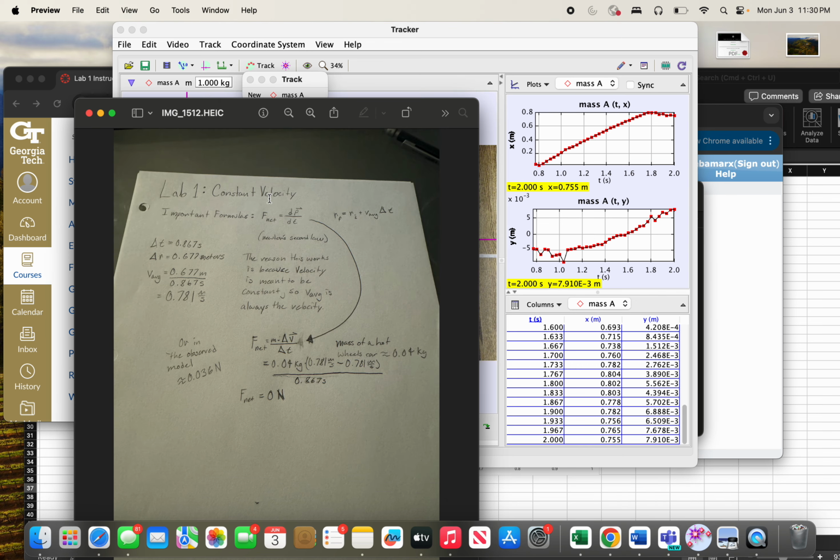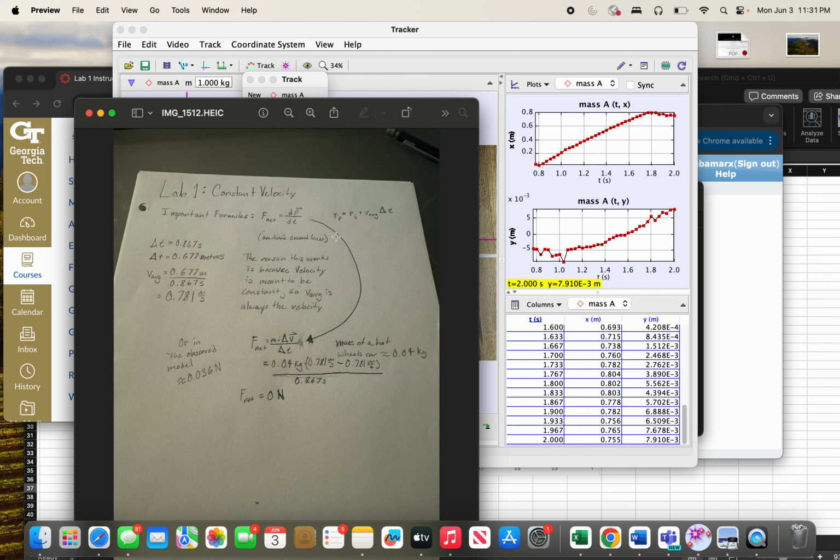So here are some things that we're going to be using. So we know that if our velocity is constant, we're going to have zero net force, and that's modeled here. So the mass of a Hot Wheel is approximately 0.04 kilograms, but that doesn't really matter if your velocity is constant, because your change in velocity is just going to end up being zero, and therefore you get 0 newtons of force acting upon your system.